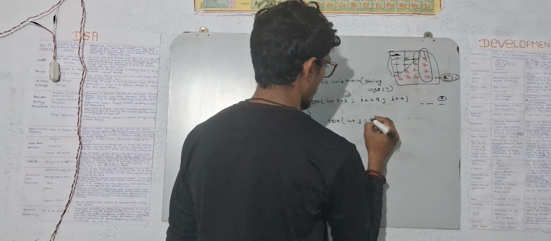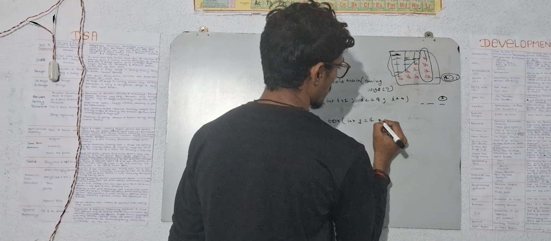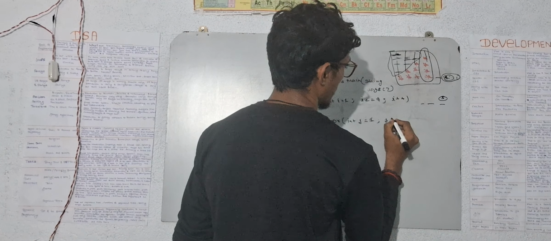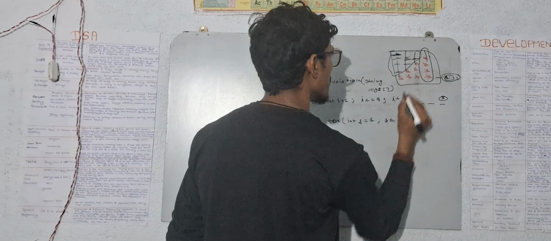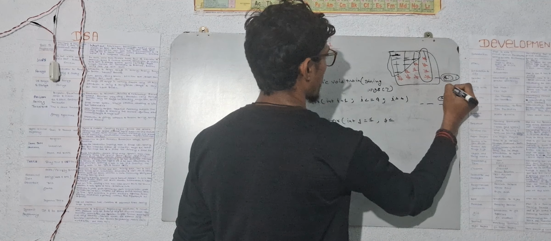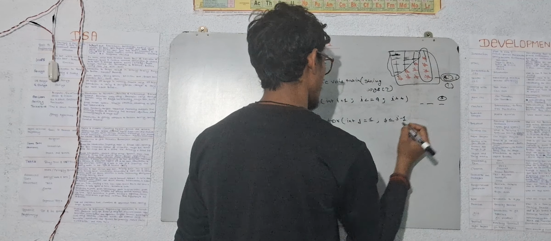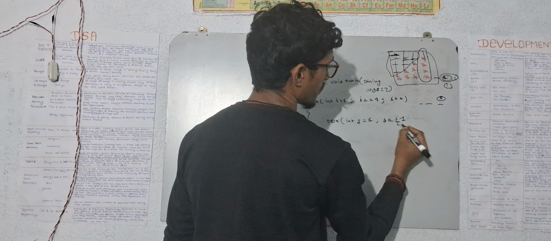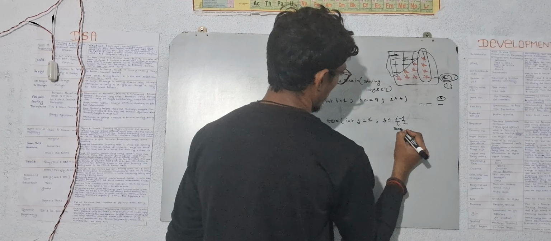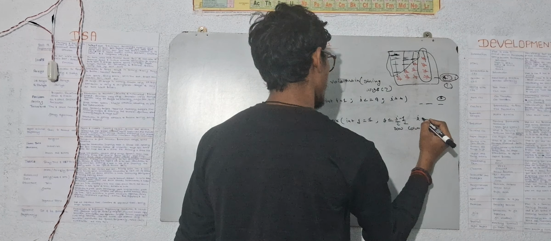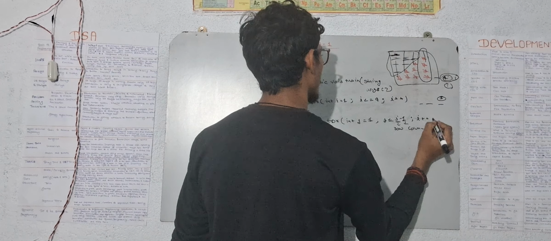So I will go till j less than or equal to i minus j. This is your row and this is your column, and increases with one step.